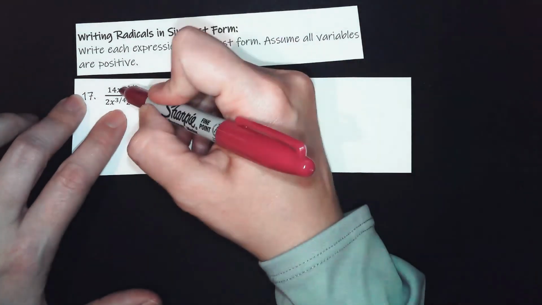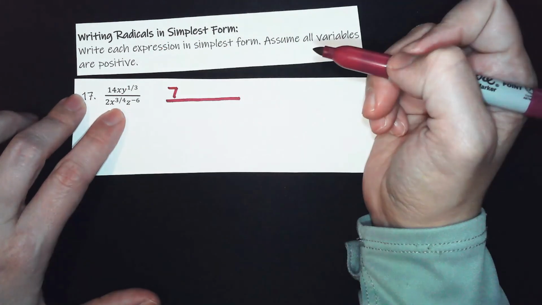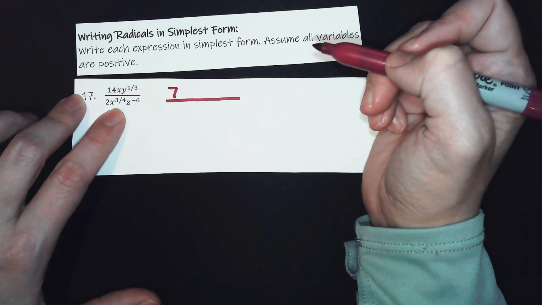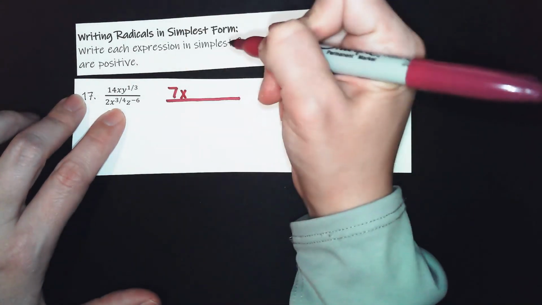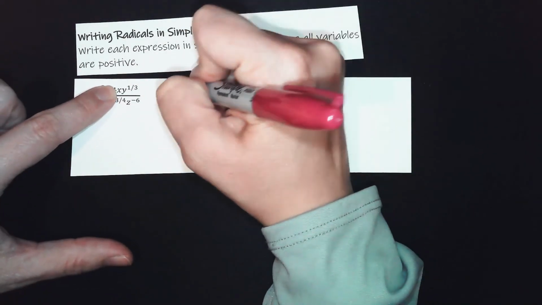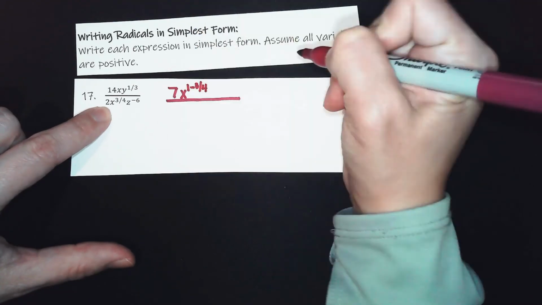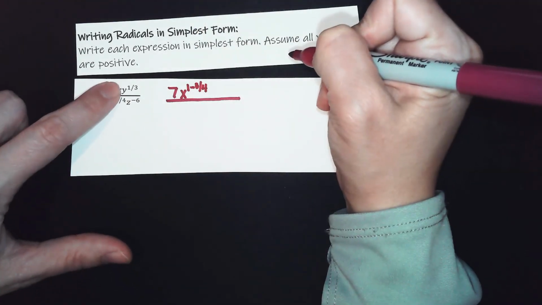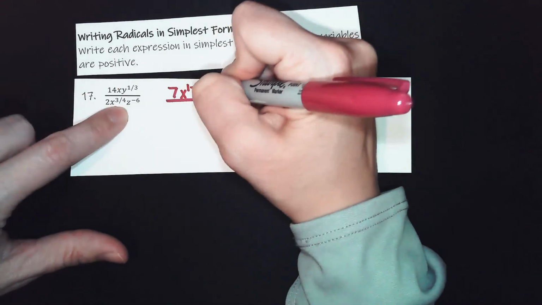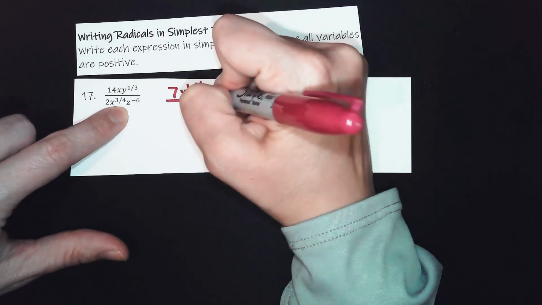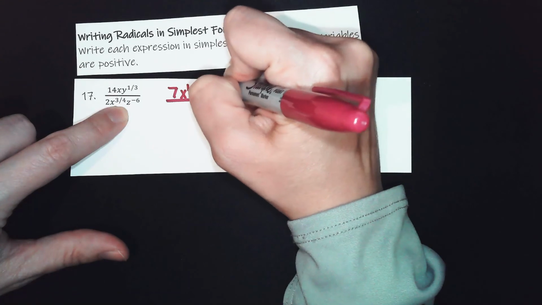Then I have an x in the numerator and denominator, so we have to subtract. We take the numerator's power, which is 1, and subtract the denominator's power. Then I have a y in the numerator. I do not have a y in the denominator, so I'm just going to write y to the 1/3. It just has to stay there.